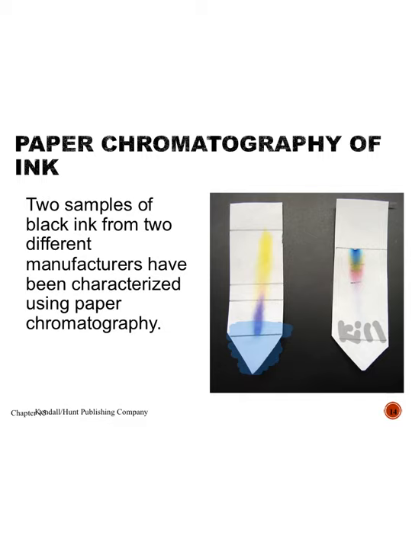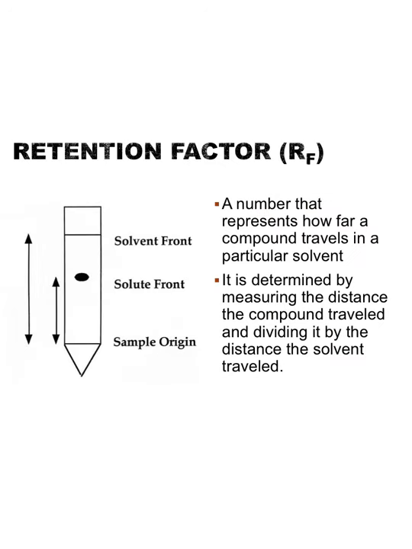On the left, it's separated out into purples and yellows, and on the right, we have red, yellow, and blue. So we can calculate what is called an RF value for that ink. The RF value stands for retention factor. This is just a number that's going to be associated with a particular ink, and it expresses how far the ink travels up the paper.